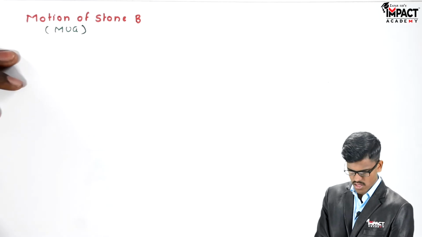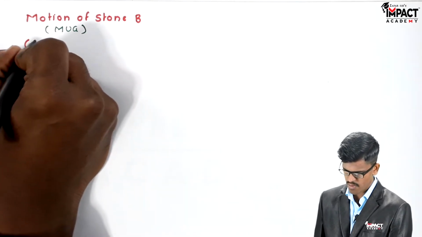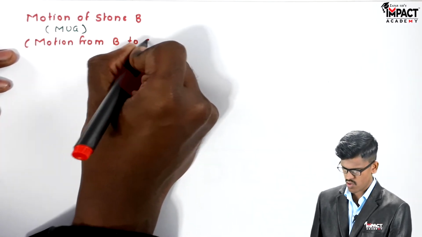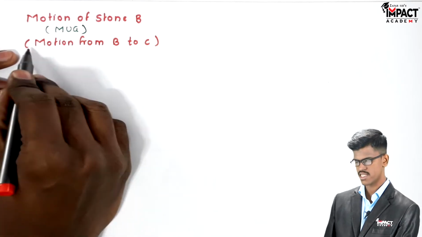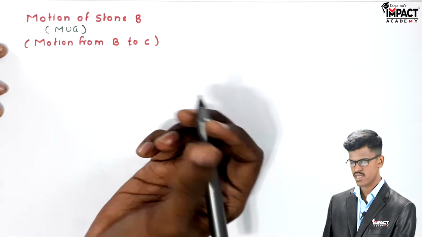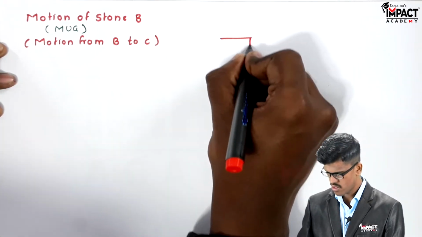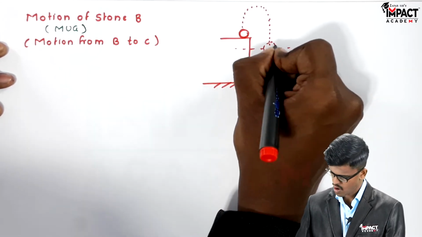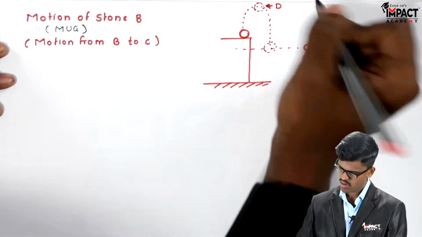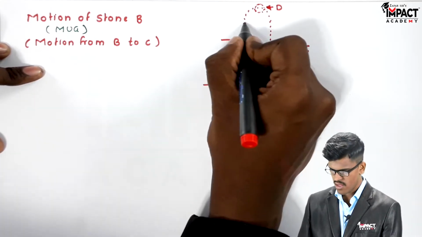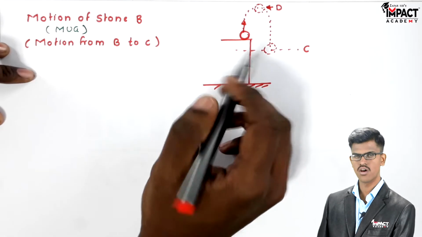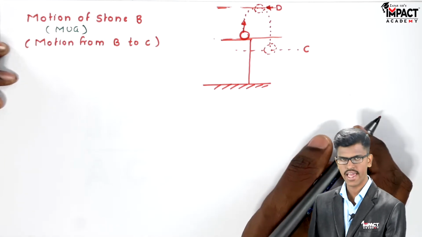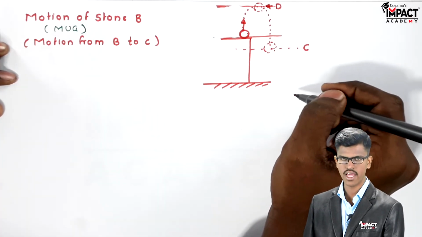Let's consider the motion from B to C. When we project or throw a ball in a vertical direction, it achieves some particular height h, then it falls under the gravity.